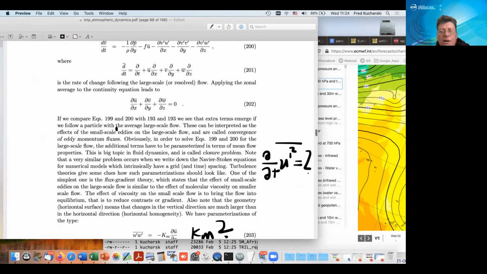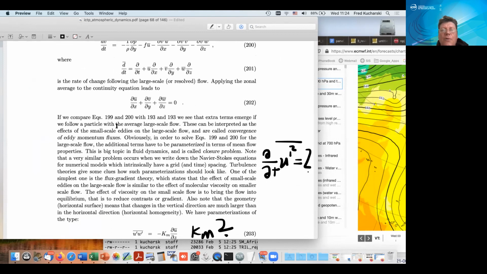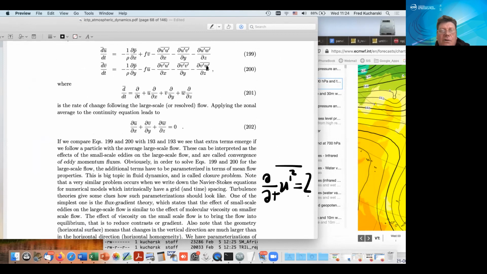And there are whole theories how we may parameterize these as functions of the mean flow, because this is what we need. If we want to understand what's going on here, we have to parameterize all these terms as functions of our mean resolved, measured or modeled quantities.